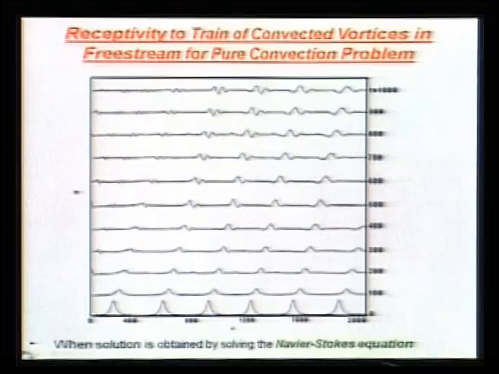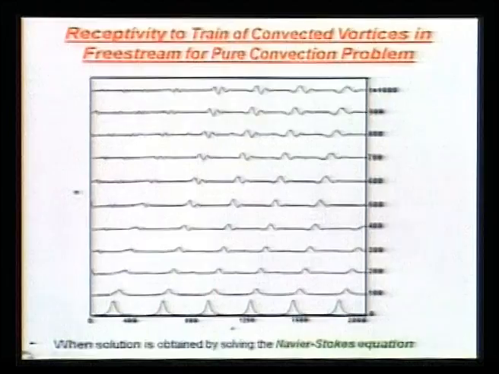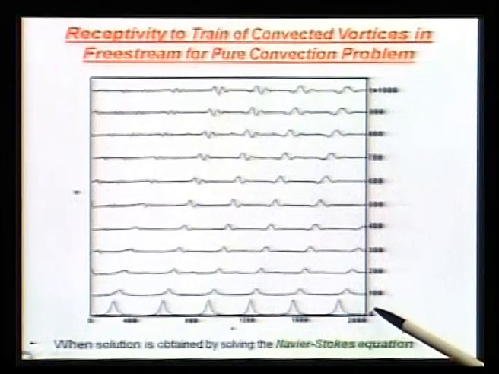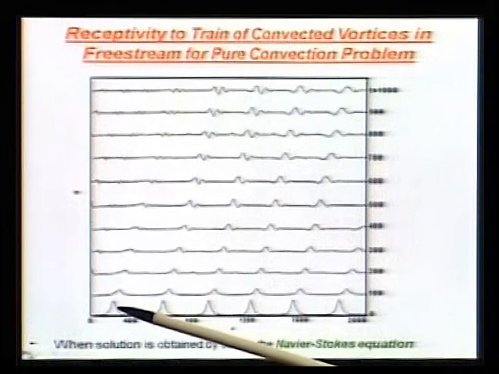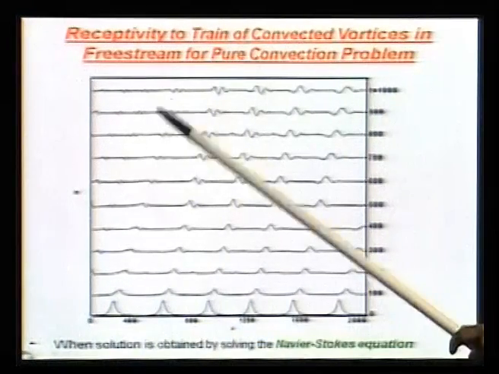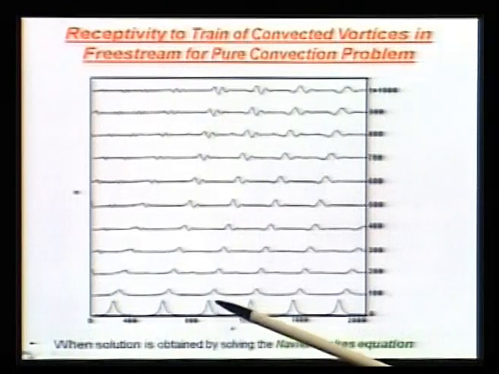And you see in the free stream we had vortices at an interval of 100 pi. At t equal to 0, this is the solution. You see at the foot of each of the vortices in the free stream, we get some kind of a peak.